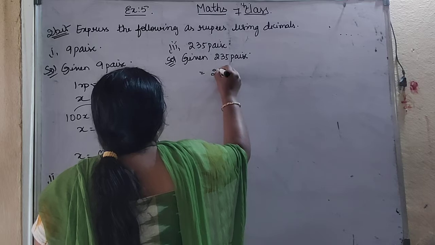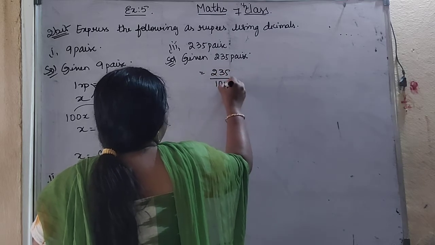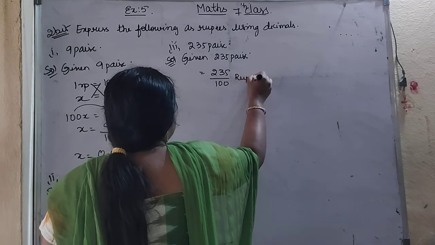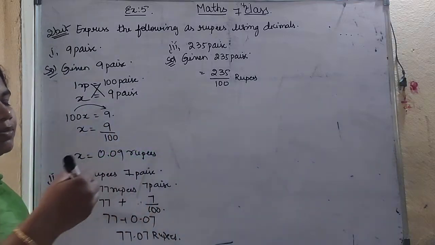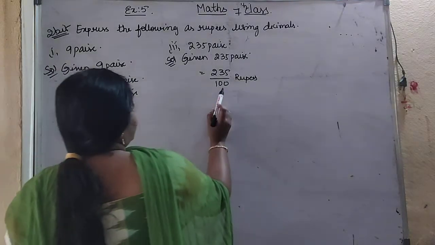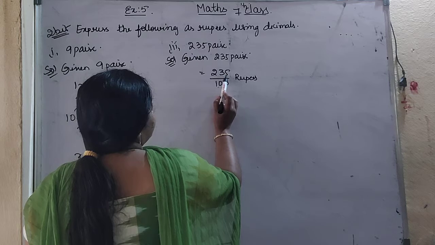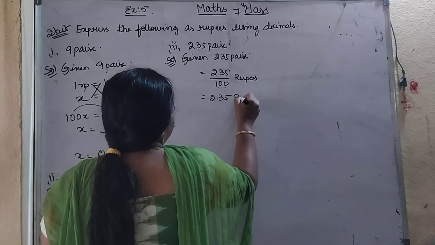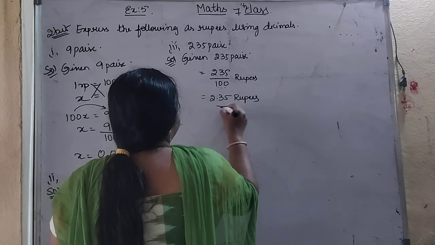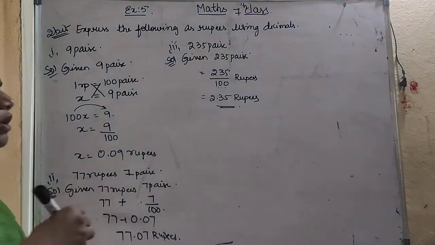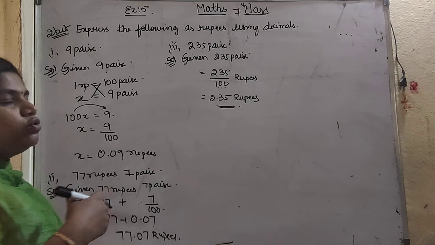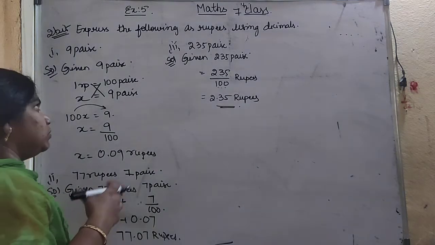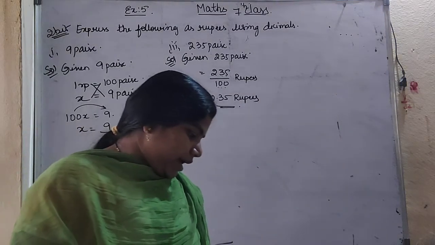So it will be 235 by 100 rupees. We have to convert into decimal. In the denominator you have 2 zeros, so after 2 numbers you have to place a point. That is 2.35 rupees. So 235 paise is equal to 2 rupees 35 paise, that is 2.35 rupees.